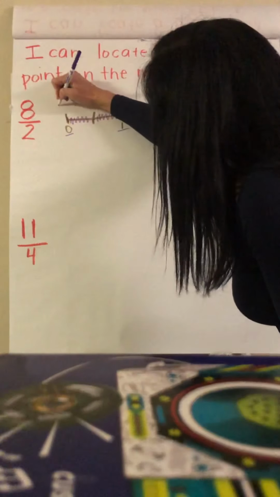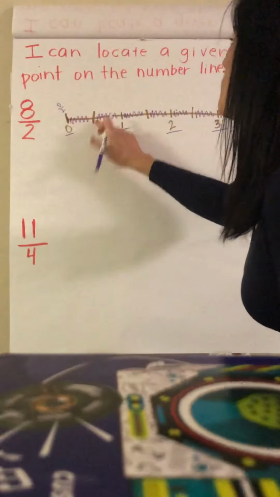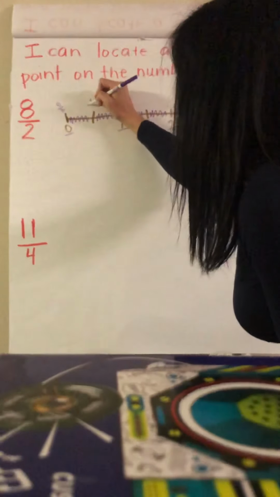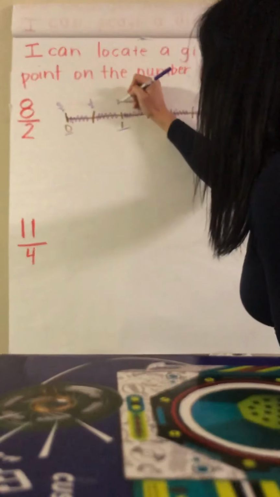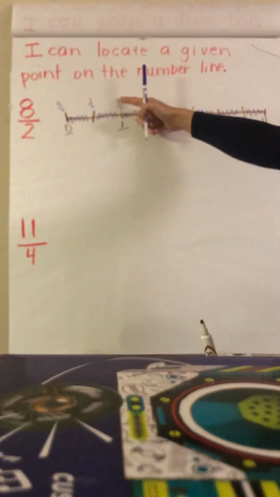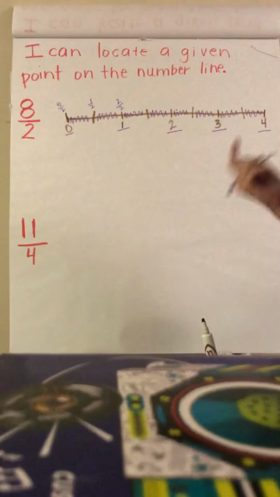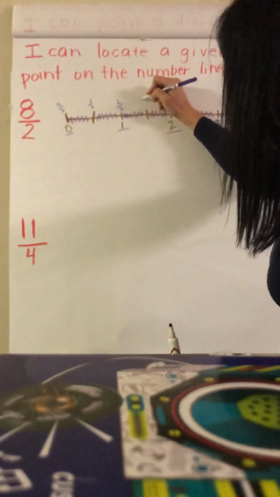So of course at 0, we know we are at 0 halves. If we move over to our next partition, we have 1/2. If we move over here to our 1, we have 2 halves. So think about what do 2, 2, and 1 have in common? Or what's the relationship?